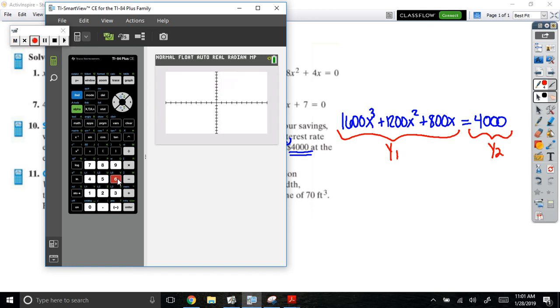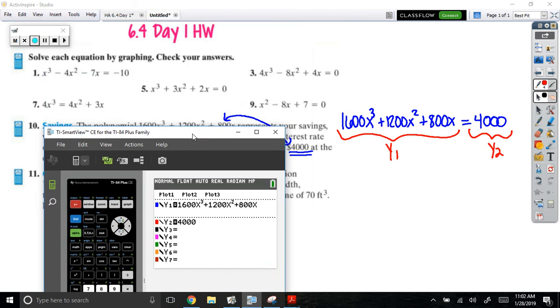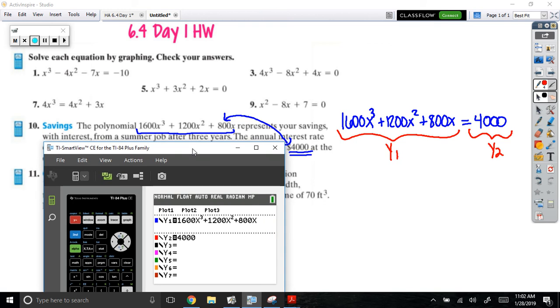Try Zoom 6. Not looking so good. All right, let's try changing our y max. Let me try to type this in right. Yes.